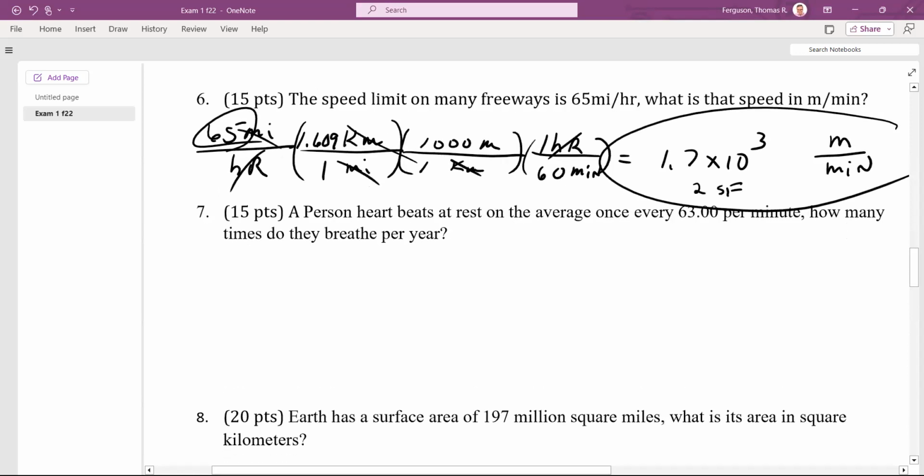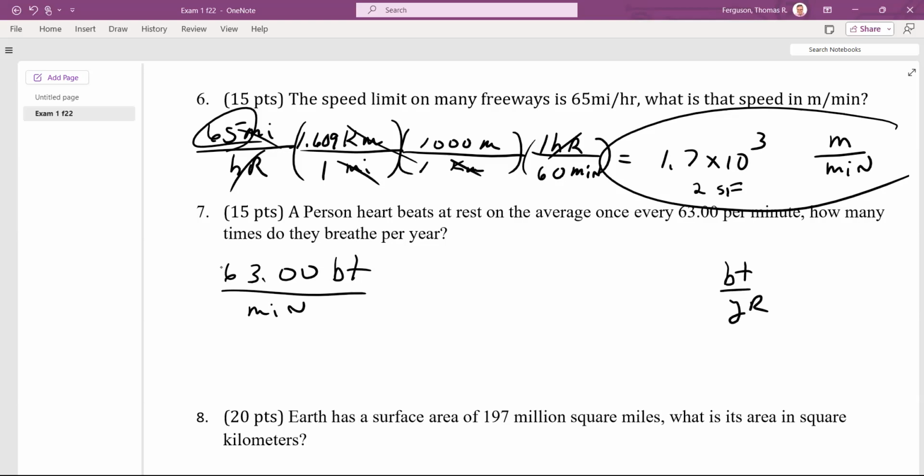Okay, so we have 63. So we have a fraction and a fraction.